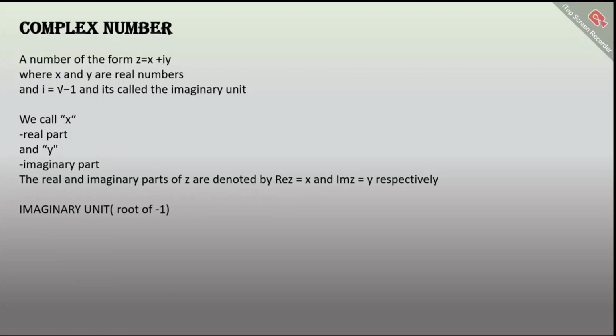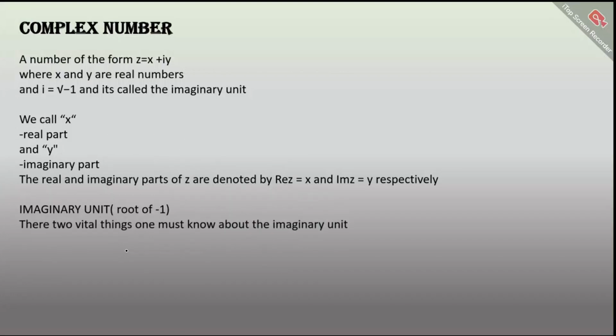Now let's talk about the imaginary unit and the things that you're supposed to know about it. They're actually very interesting. Let's dive into it. The imaginary unit is represented as i equals the root of -1. Now, there are two vital things you're supposed to know about the imaginary unit.